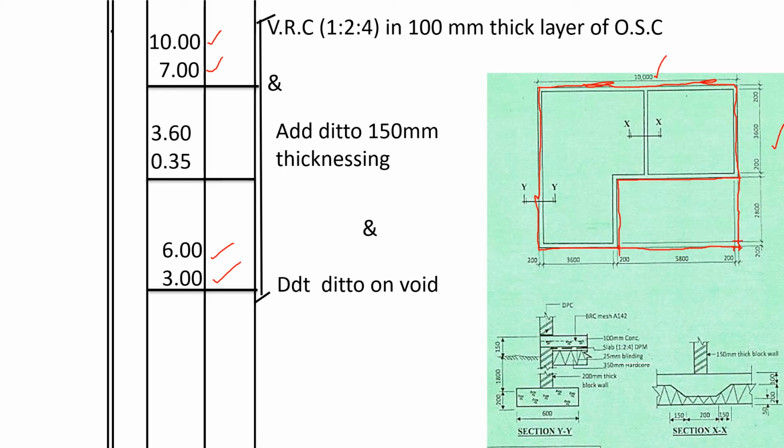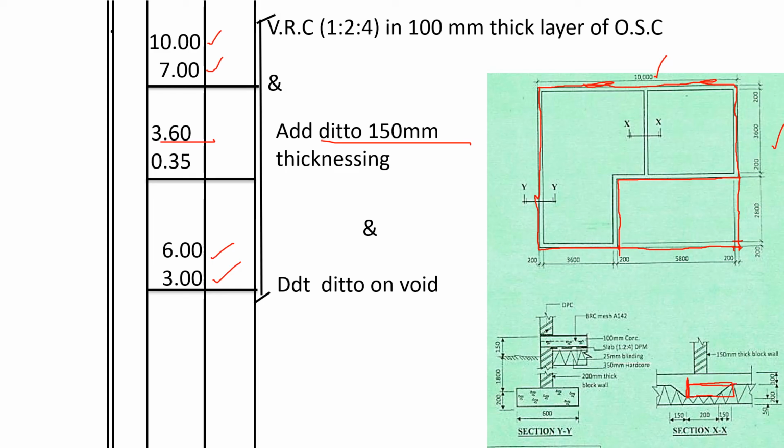So then we shall add the thickening. When you are adding thickening, you see the volume of the concrete, the thickness is 150, so it's measured in square meters. So what is the thickness of the trench? It is 0.35, because this concrete shall form a rectangle here. This one is 200, we shall add 150, and we shall form it this way.